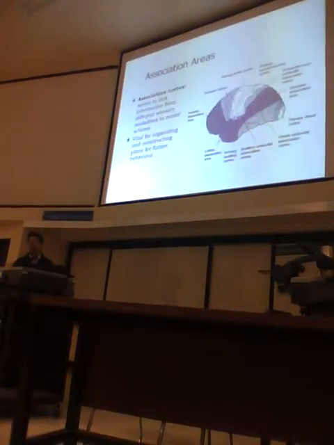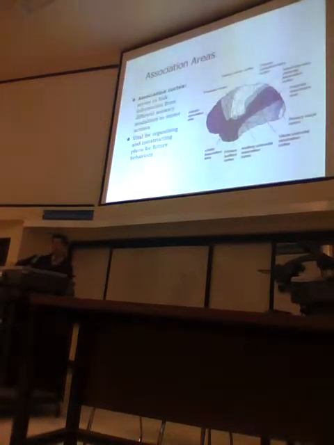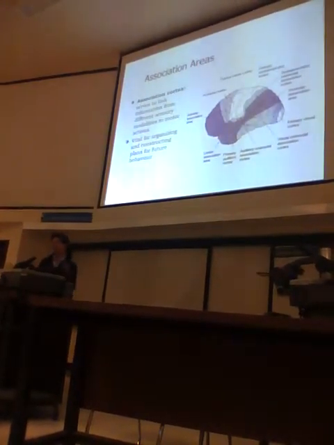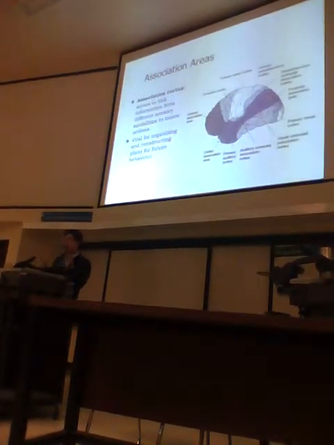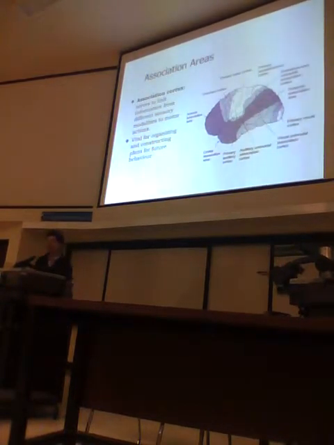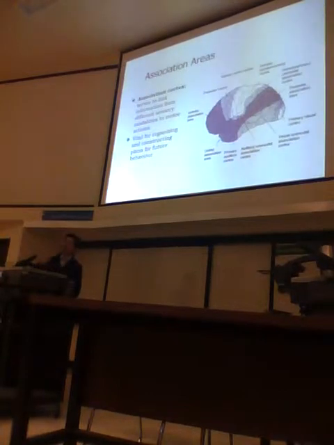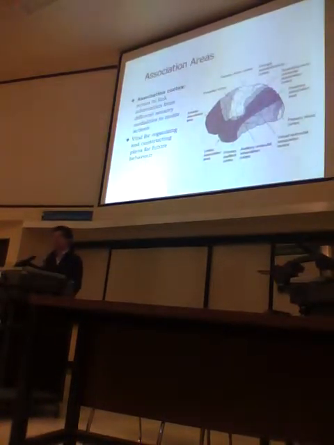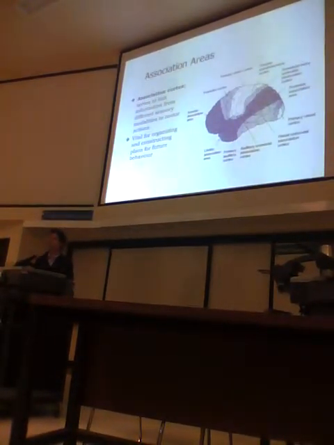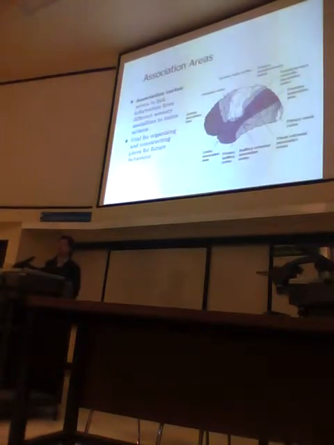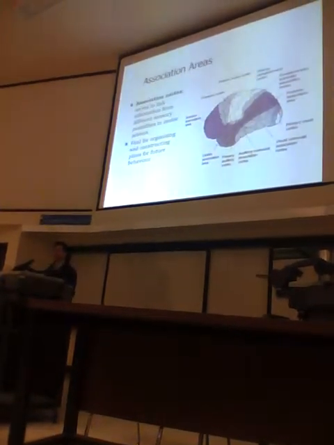And with association cortices, these areas specialize in tying together different sensory modalities, processing the information and passing that information on to motor areas further in front of the brain, in the front regions of the brain. And these association areas take up the vast majority of human neocortex.